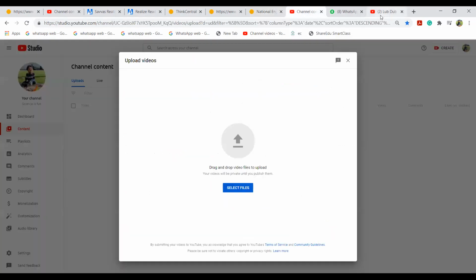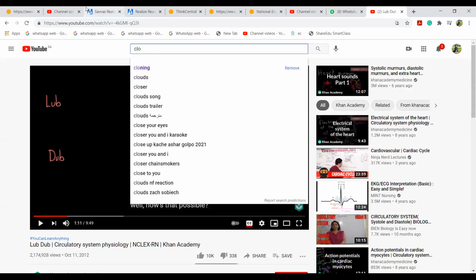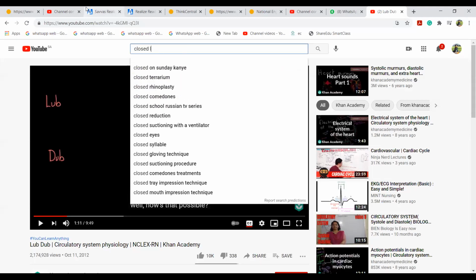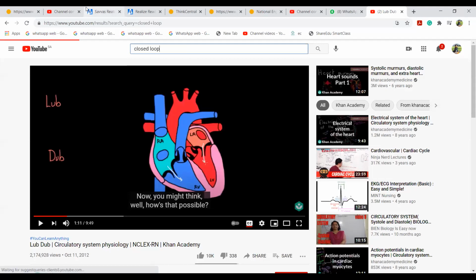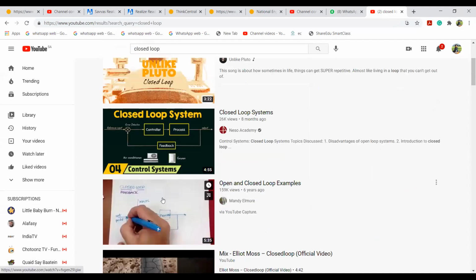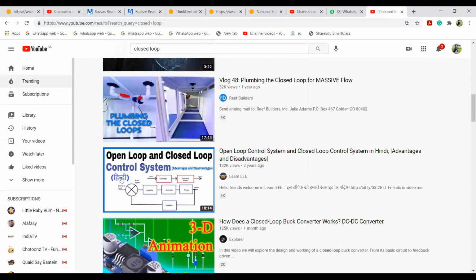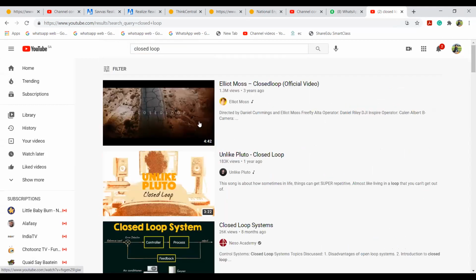Miss, I understood. I write here closed loop. Like this is a closed loop system. Something which doesn't have an opening, girls, is called a loop. Something which is tied up.